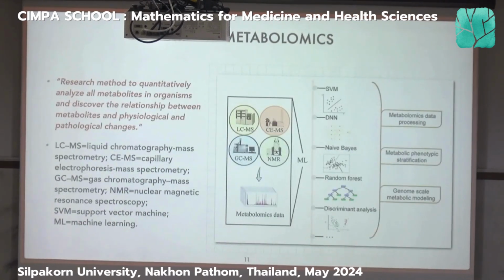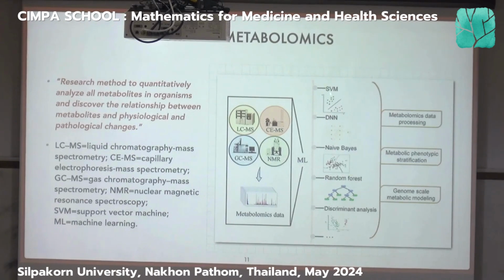And for metabolomics, it's just analyzing all the metabolites in an organism. Okay. The relationship that they have with physiological and pathological changes, so you can understand that the proteins participate in the metabolism, and the metabolism has a direct effect on physiological and pathological changes.